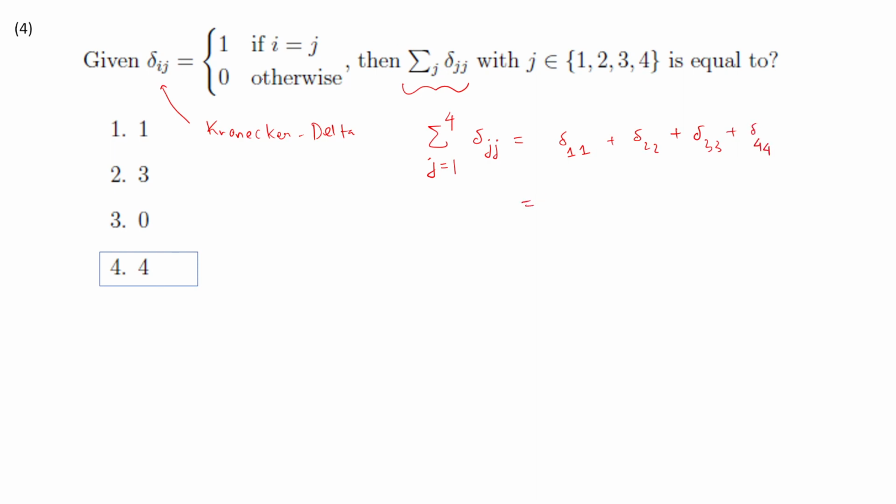Now we will use the definition. Here we see that for delta 11, the value of i is 1 and j is also 1 and both are equal, so delta 11 will be 1. Similarly, delta 22 will also be 1, delta 33 will also be 1 and delta 44 will also be 1. So the sum is 4.